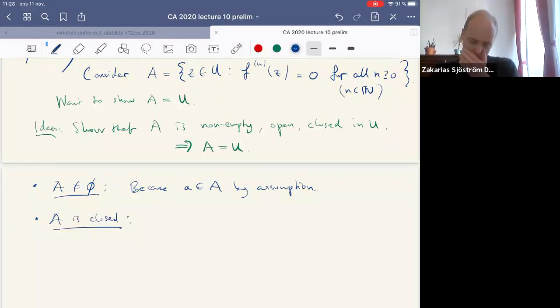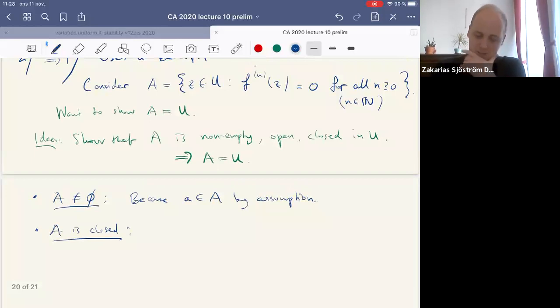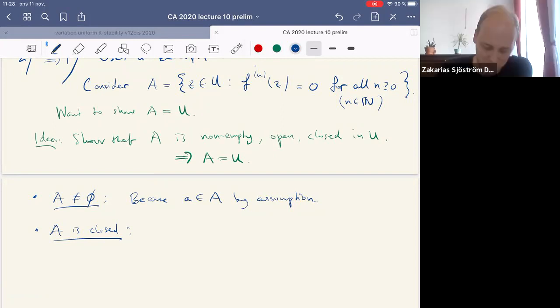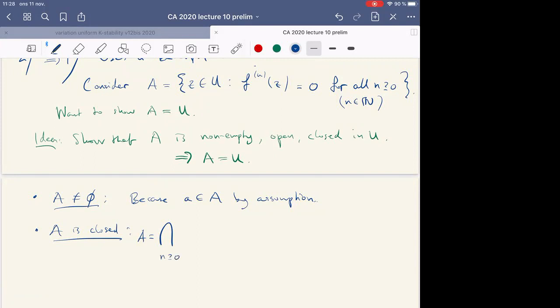So we have this set, and why is it closed, would you say? It's the intersection of closed sets. It is the intersection of closed sets, okay. So which intersection? For each n, the nth derivative equals 0. Because the nth derivative is continuous, the inverse image of 0 is closed.